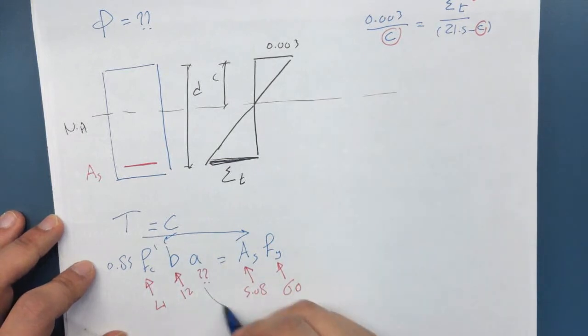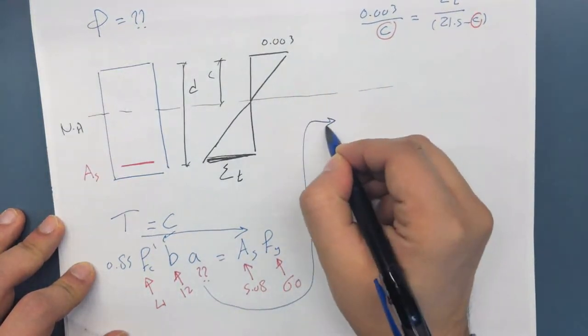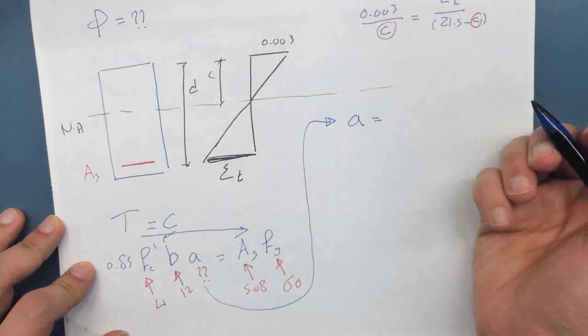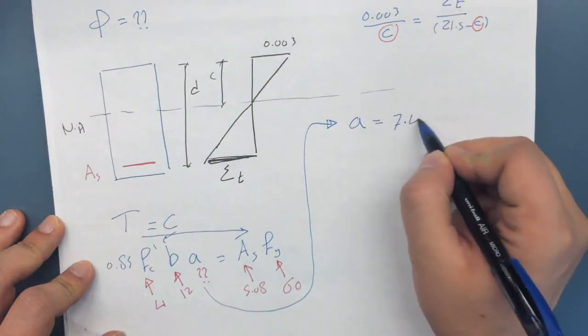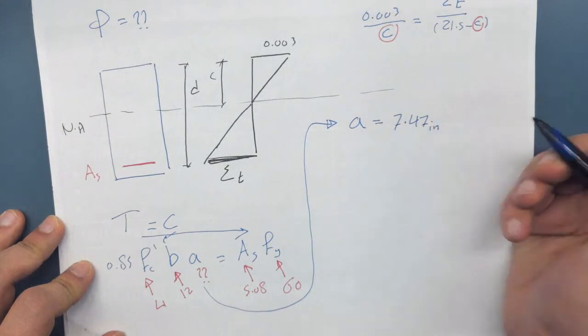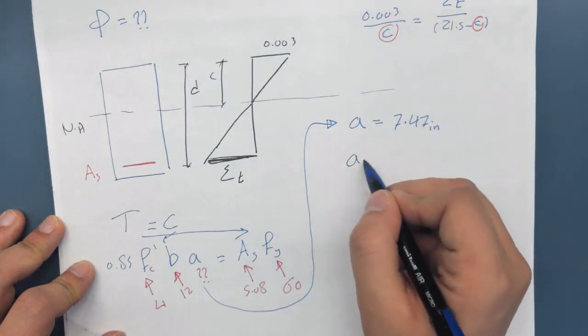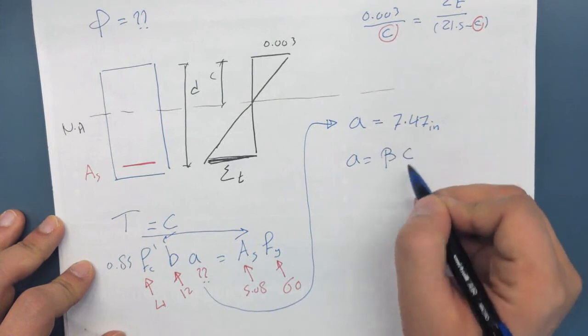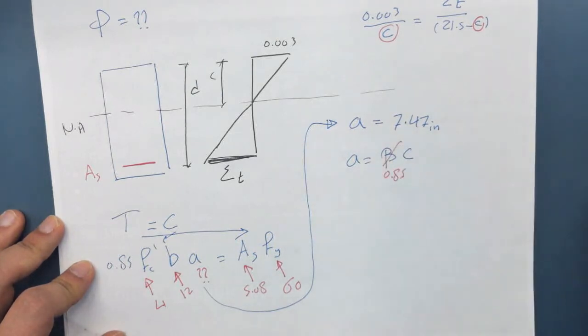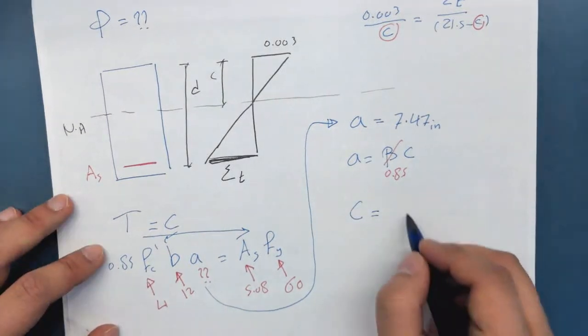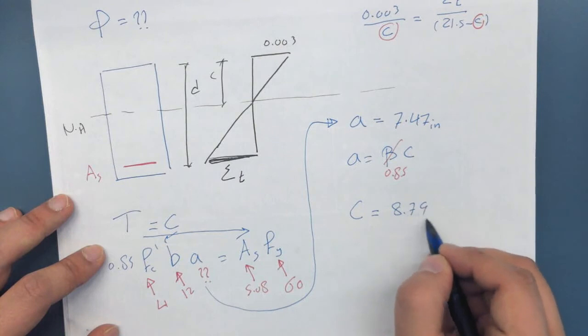So the only thing that is unknown here is a. If you solve for a, it's going to be equal to 7.47 inches. We know that a is equal to beta 1 c, and this is 0.85. So from here, we find the value of c, and it's going to be 8.8 inches.